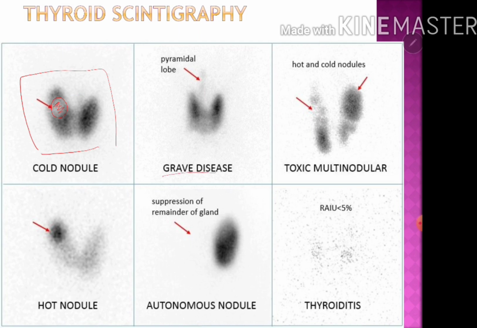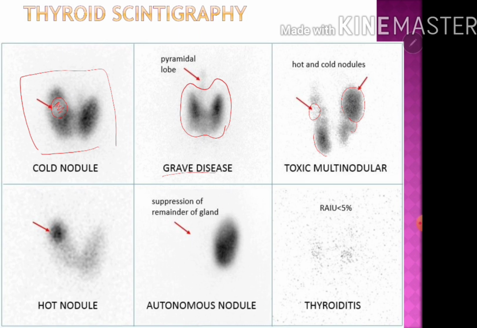While in Graves' disease, the whole gland is involved and takes up the tracer. In this picture, we can see that there is a hot nodule here, and this is mostly multinodular goiter, and this is a suspicious cold nodule.